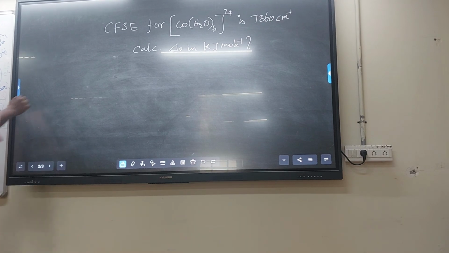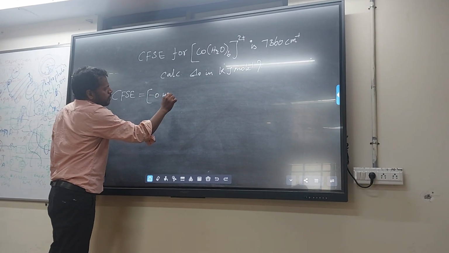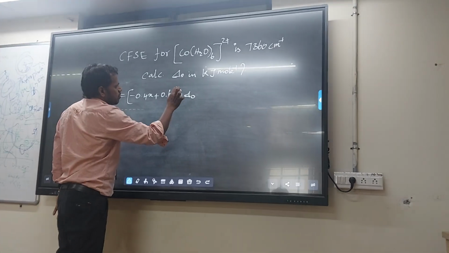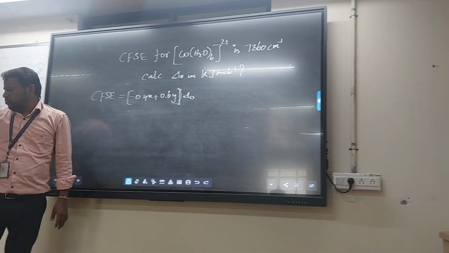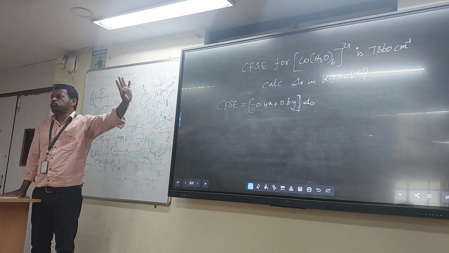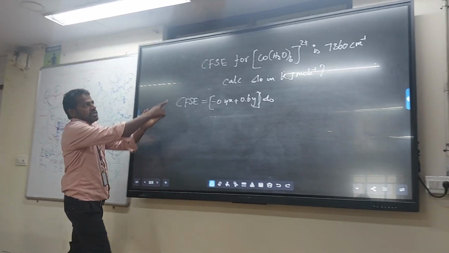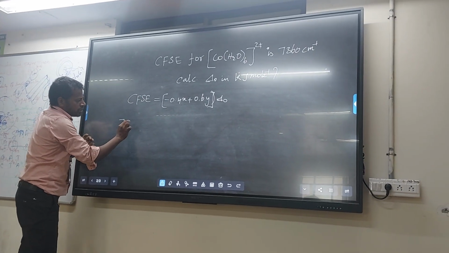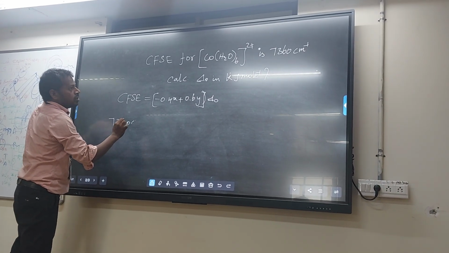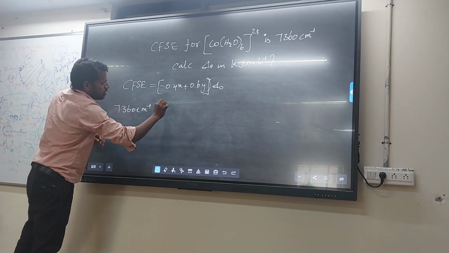You know the formula, the CFSE formula. What is the CFSE formula? Minus 0.4x plus 0.6y into del naught. Okay, into del naught. So they ask what is del naught in terms of kilojoule per mole. That's it. Very simple. So they gave CFSE, therefore you substitute 7360 centimeter inverse equal to.